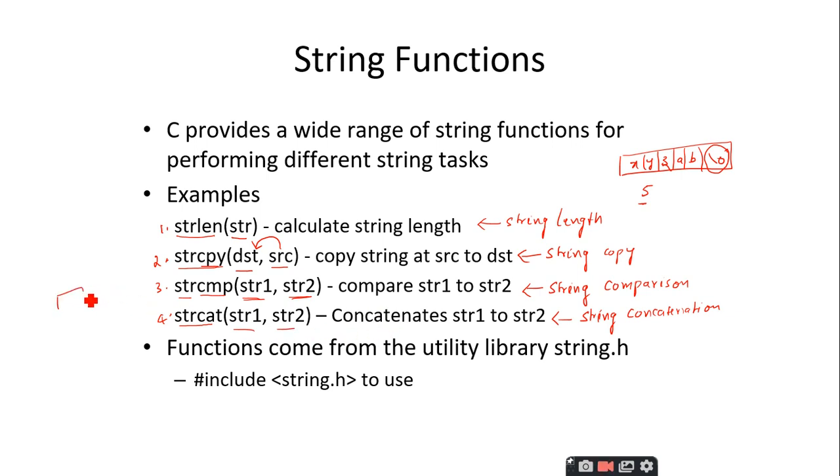Concatenation means we have one string, and if you append the second string, this is called concatenation. After the end of the first string, you will start the second string, and the entire thing we take as a single string. This is called string concatenation. These are the 4 basic and important string handling functions that are available in C.